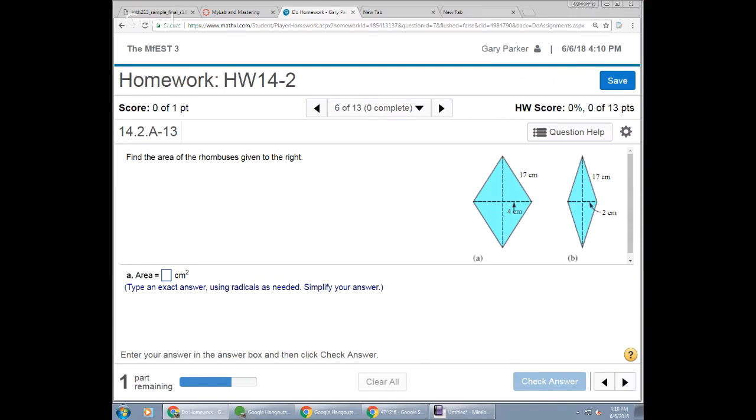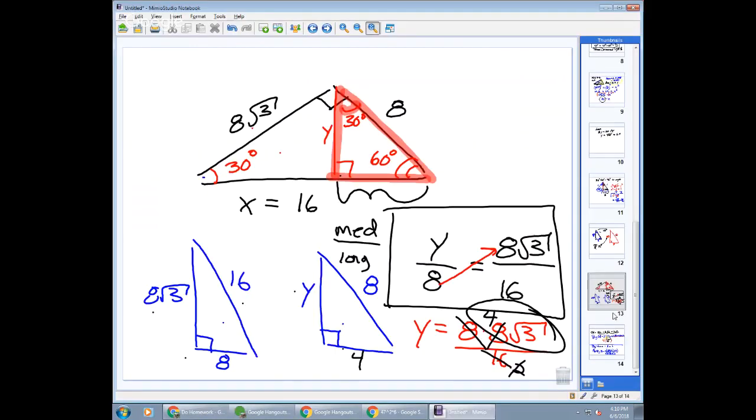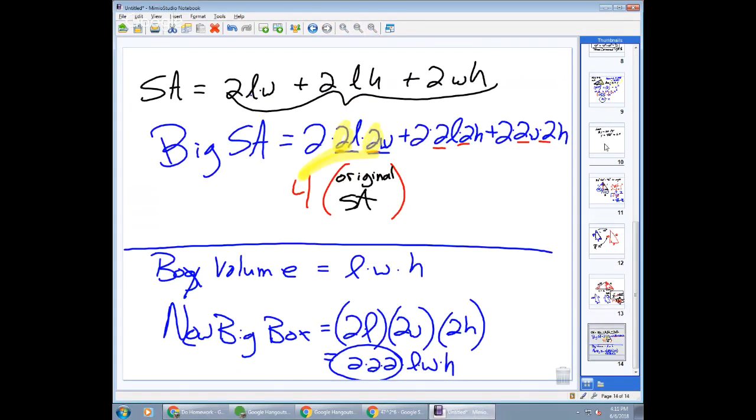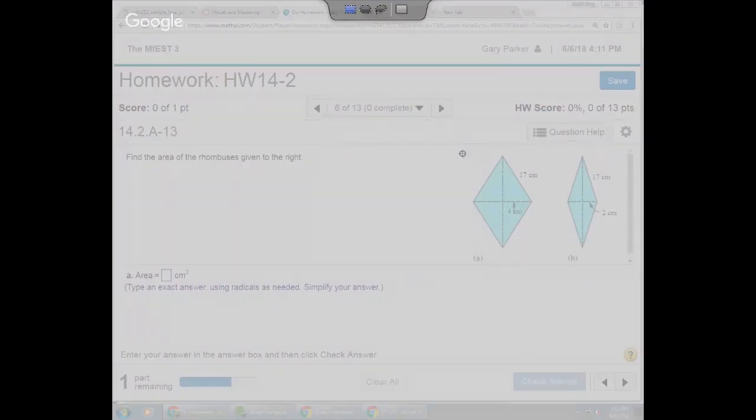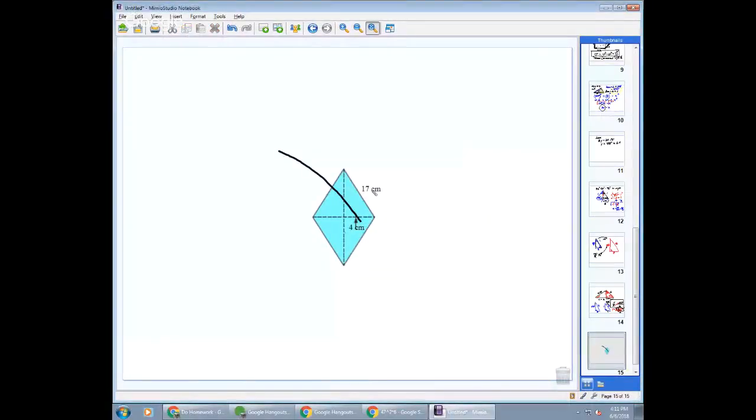All right, so find the area of the rhombuses given to the right. So, do I have it on the screen somewhere? Oh, you go way back here. All right, let me just take them one at a time.